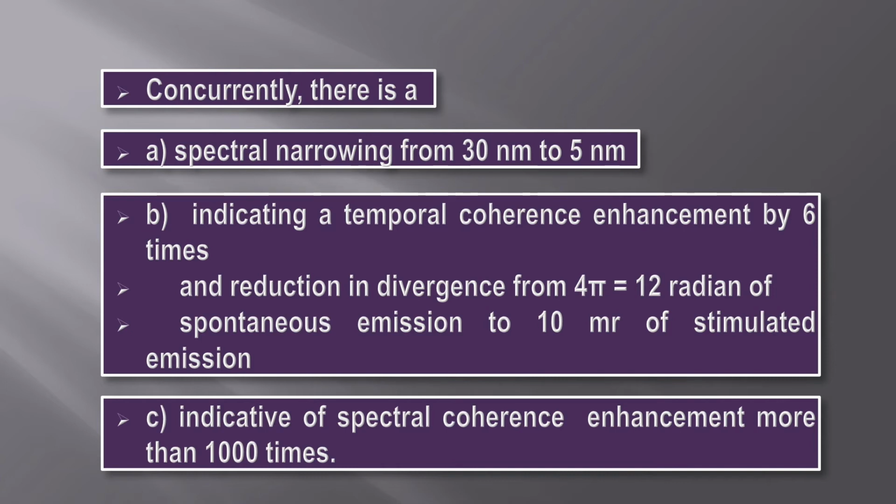The divergence is about a milliradian, and the spectral width will be 0.5 nanometer for ASE lasers. For conventional lasers, the divergence can be as small as 0.3 milliradian, 10 times or even 5 times less, and the spectral width also can be very small.